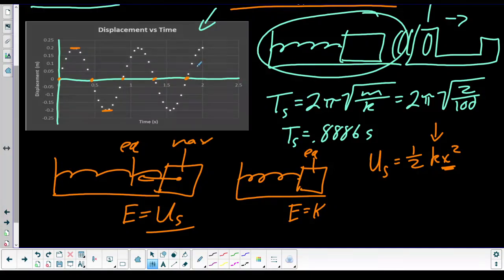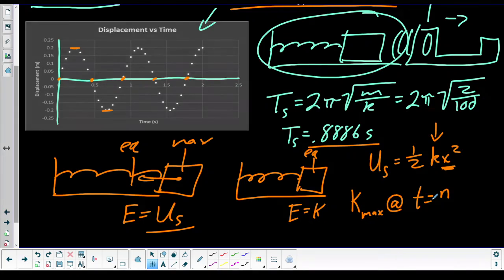What exact timing does our kinetic energy reach a maximum? So here's the full period of 0.8886 seconds. This, if you know anything about sine waves, this is half. So our kinetic energy is going to be a max at t equals n, which is the fancy math variable for an integer.